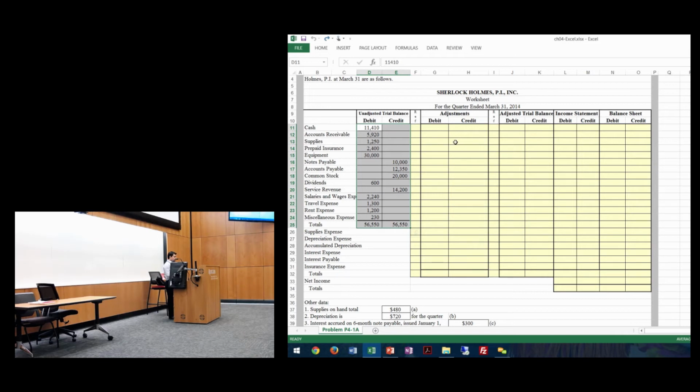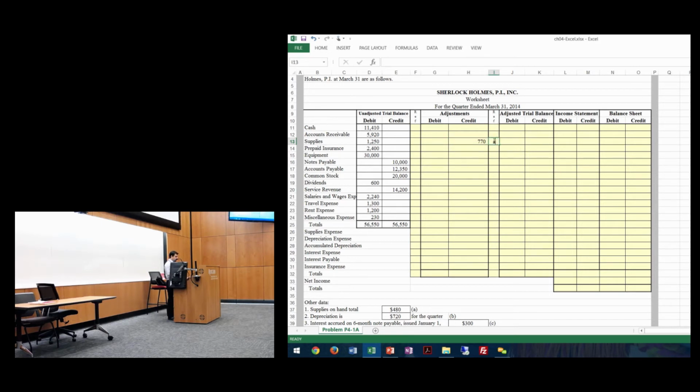Now, supplies. We need to debit it or credit it? You need to decrease supplies, right? How do you decrease supplies? You credit. So we credit supplies by the amount which is 1,250 minus 480. This is the amount that remains, so this is the amount of supplies that was used.